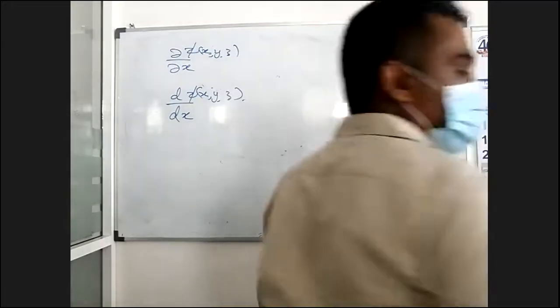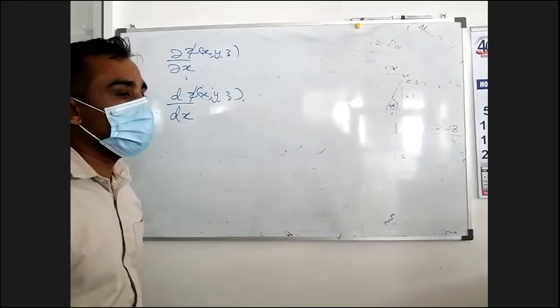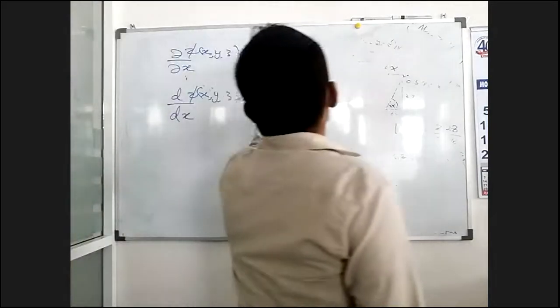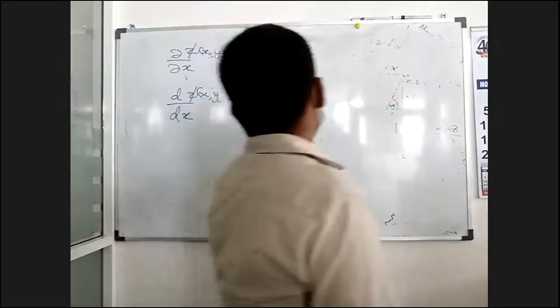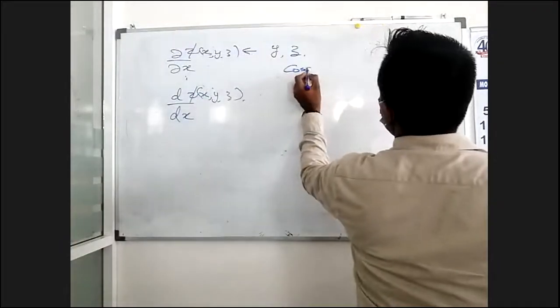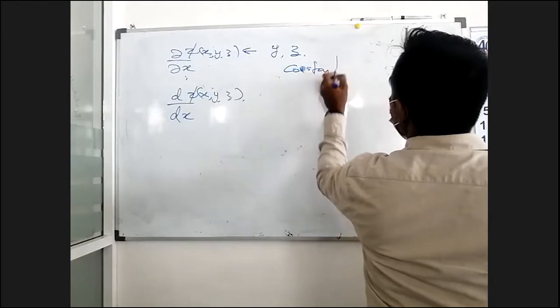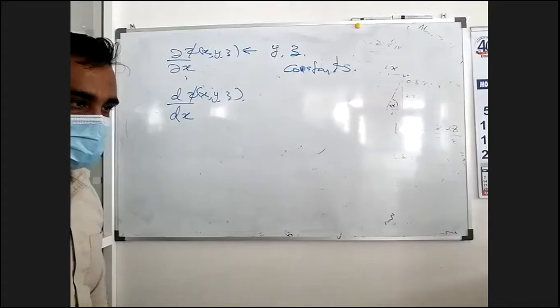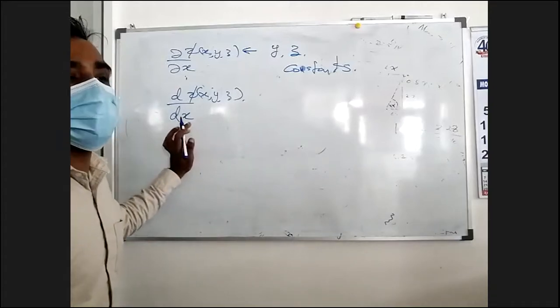In the partial derivation, we consider y and z as constants for the moment of that operation. But here we do not consider that.